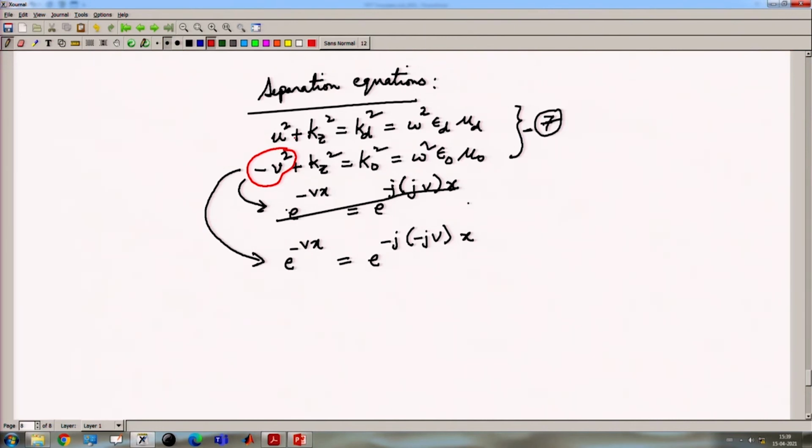So, now we need to evaluate the electric field components tangential to the air dielectric interface, because we have to find out the values of A and B. In order to find out the values of the unknown constants A and B, we need to evaluate the tangential electric field components and the tangential magnetic field components at the dielectric air interface.